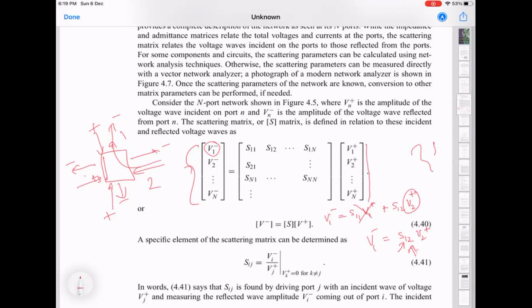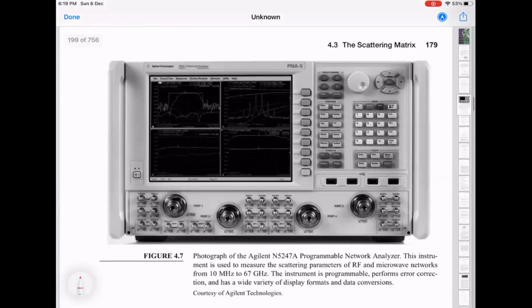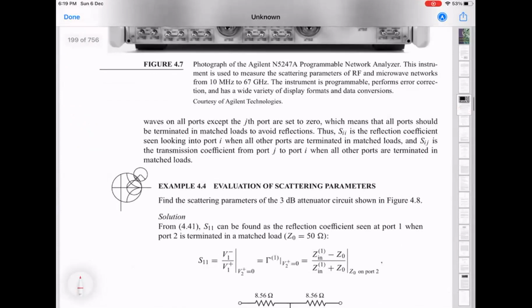Now, what does that mean in reality? We discussed this last time. What is the correct boundary condition or termination? It has to be a load. Except for the injection port, which is set to 0, all the ports should be terminated in matched loads to avoid reflections.